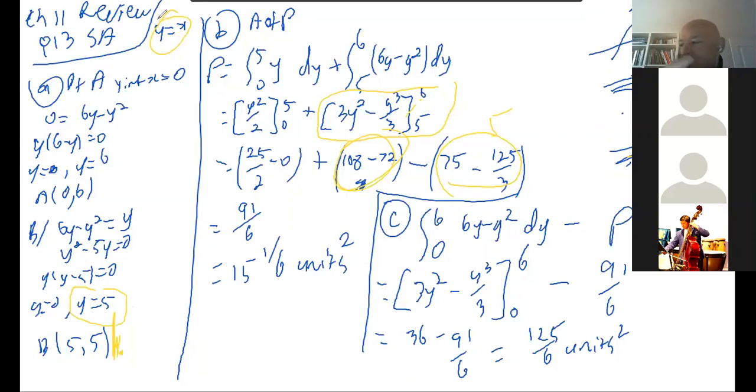Okay, because that's one of the rules. y equals x, and the other rule is x equals 6y minus y squared, and they both intercept there, so they're both equal. So you can use either one. So we might as well substitute it into here. And if that's 5, then x equals 5 as well. Okay. All right.